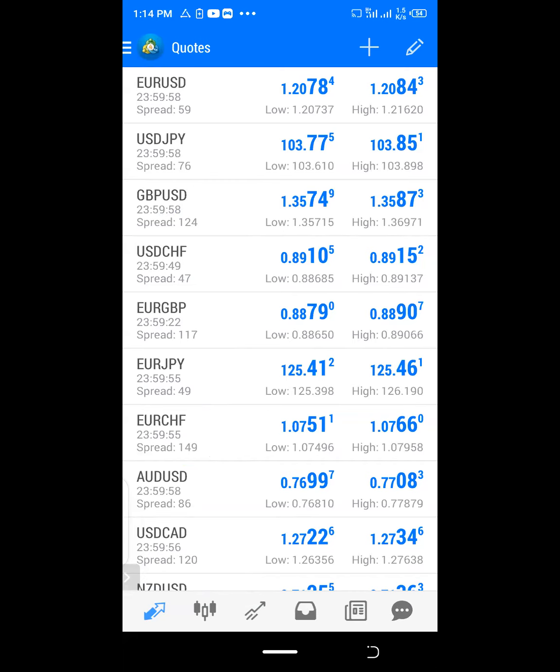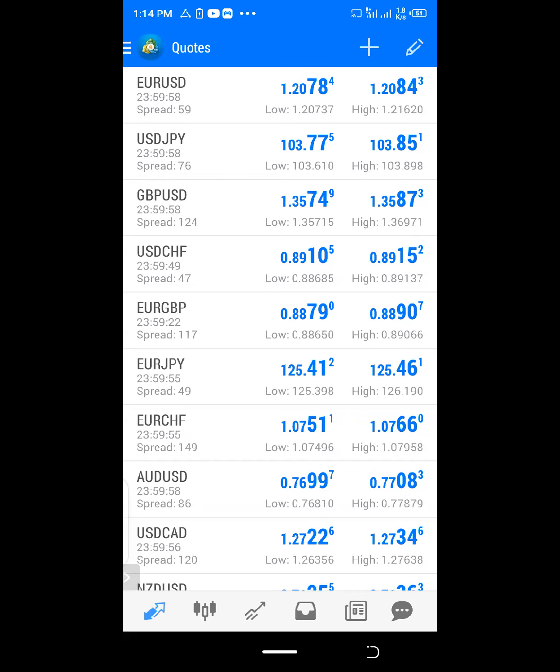That $1 or 10 cents negative is their own spread. That is the amount that they are charging off your trade. So whether you make money or you don't make money, they will make their own money. Every broker always has a spread. Brokers make their money from spread.